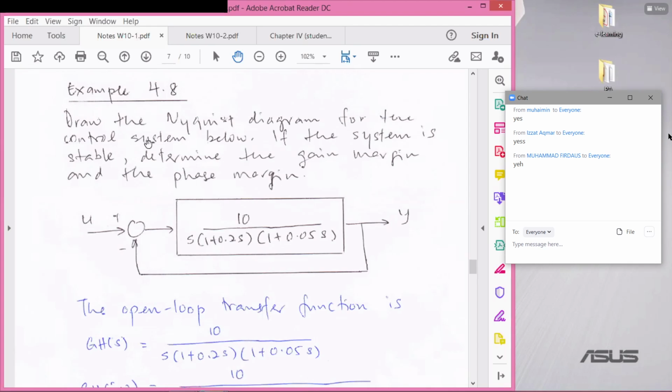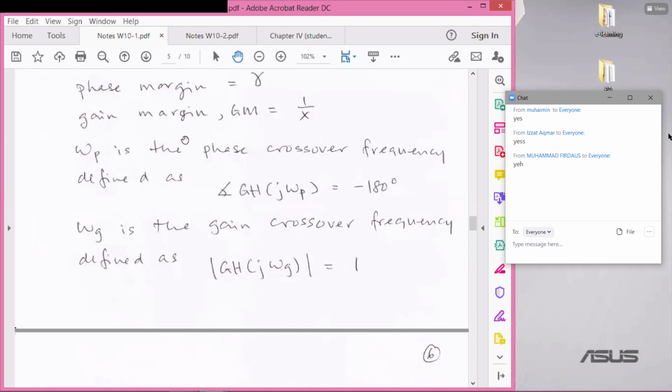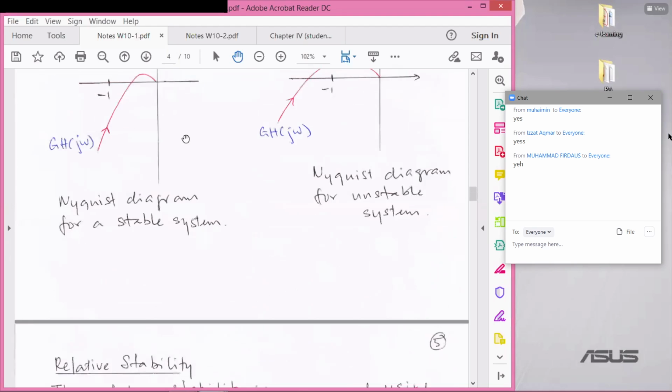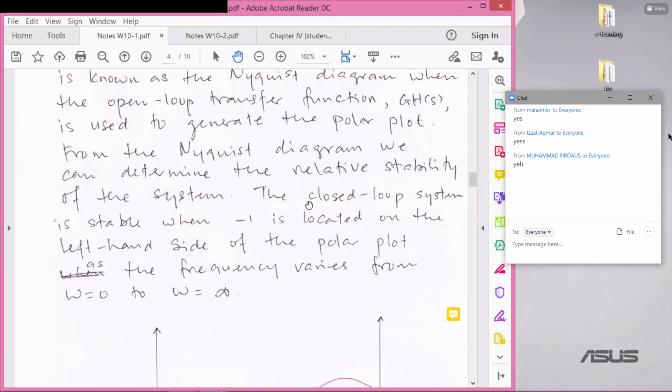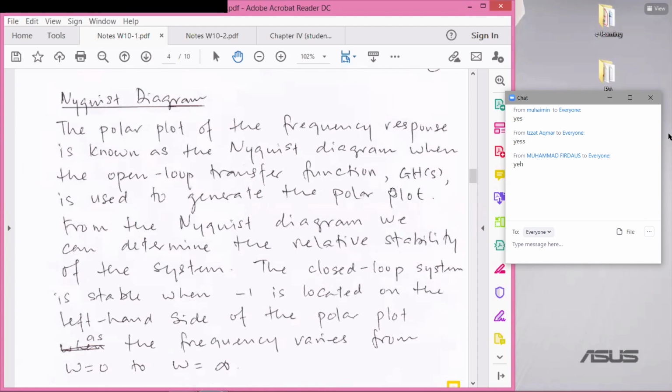Right. So what do you need to do to draw the Nyquist diagram? You need to extract the open loop transfer function. That is your first job. You need to obtain the open loop transfer function, which is GH of S. Remember that.